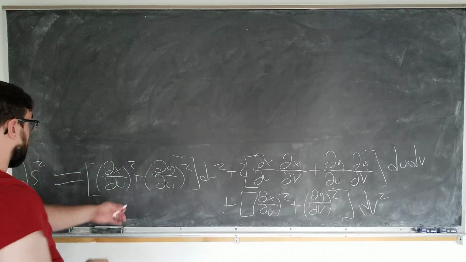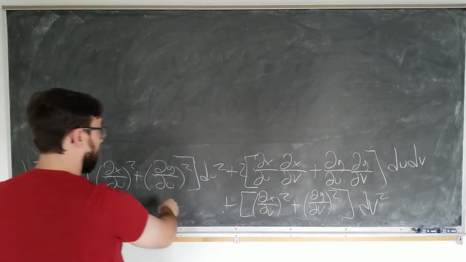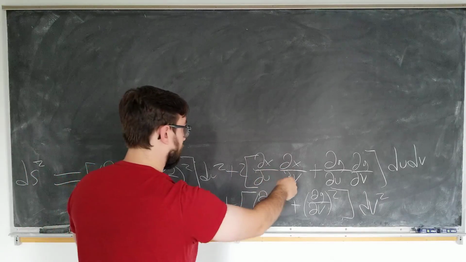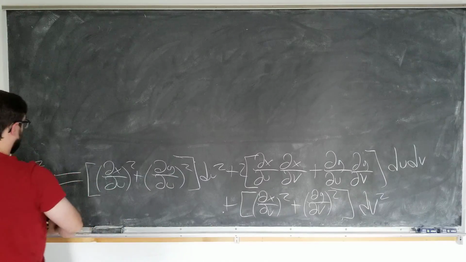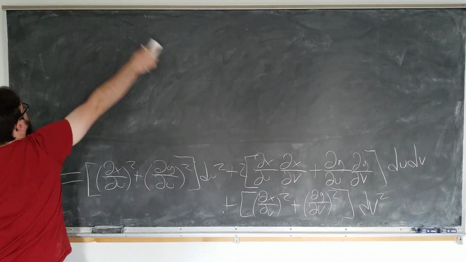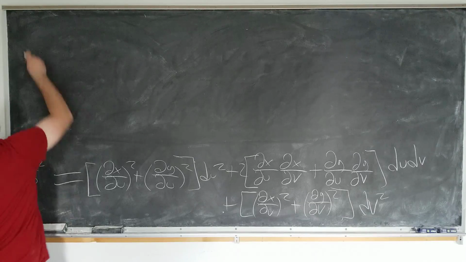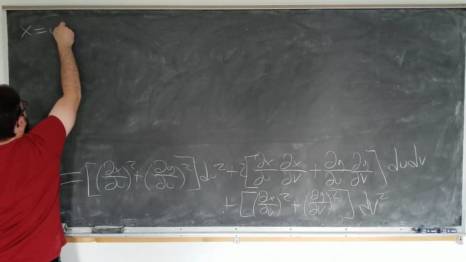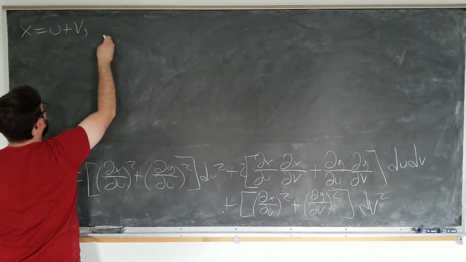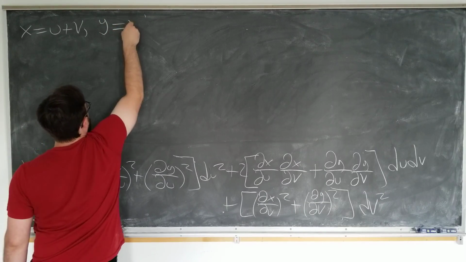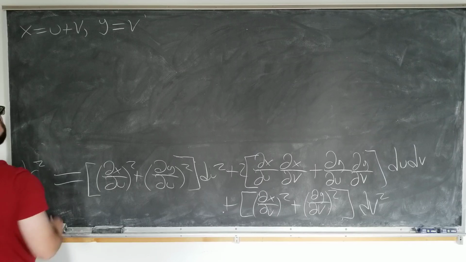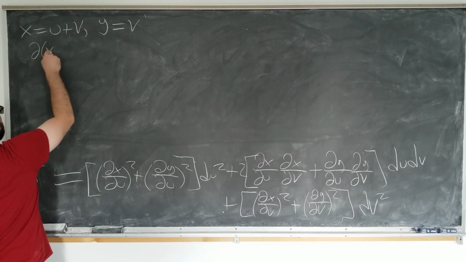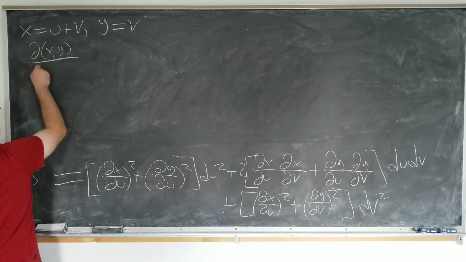Let's make sure I have this right first. Yep, looks good. We'll be considering the following coordinate transformation: x to be the new variable u plus v, and y to just be the variable v. Pretty straightforward. And first, let's compute the Jacobian of the transformation.